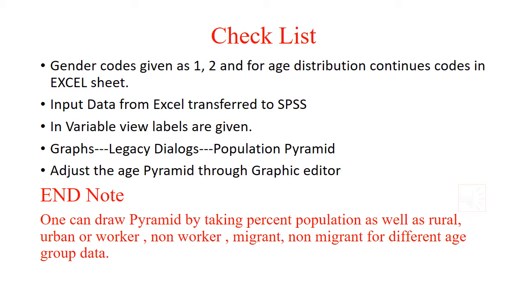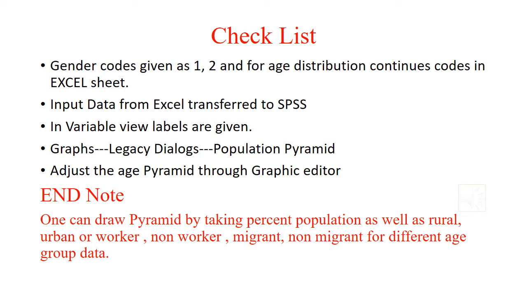From the Excel sheet, the data has been transferred to SPSS either by copy paste or by retrieving the file. In variable view, labels are given accordingly: male equals 1, female equals 2, population as population, and the age group has also been coded, given in the value label and variable label.